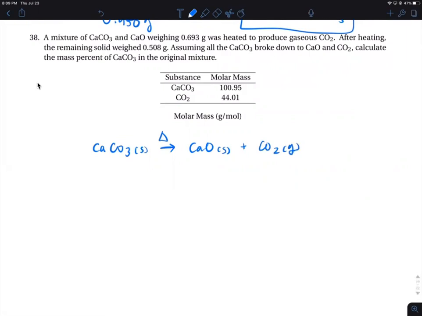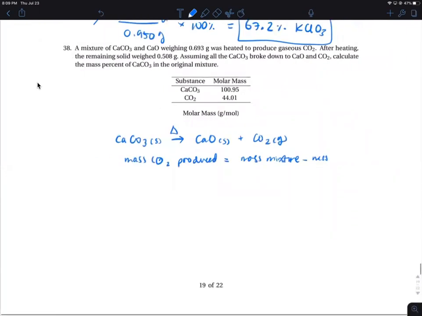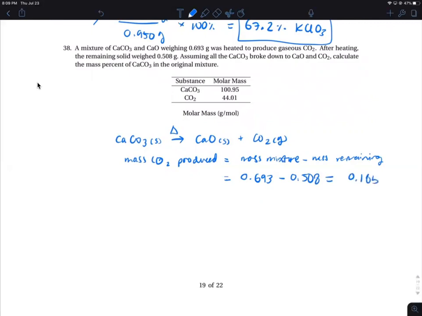So, in the same way, the mass of CO2 produced is going to be the mass of the mixture minus the mass of the remaining solid. So it's 0.693 minus 0.508, which is 0.185 grams of CO2.